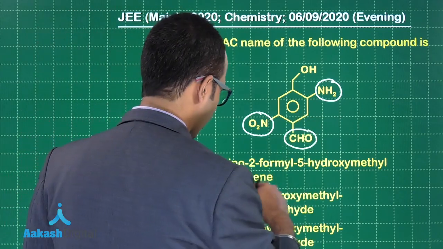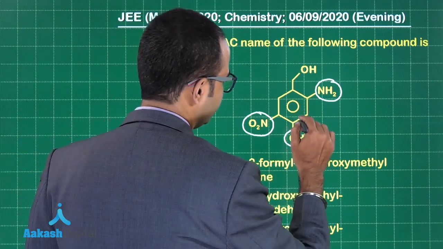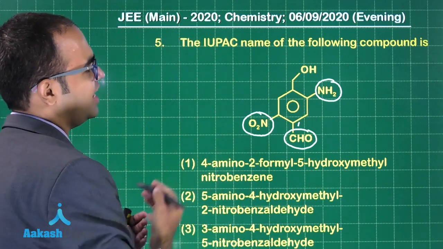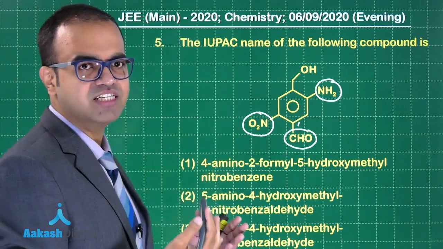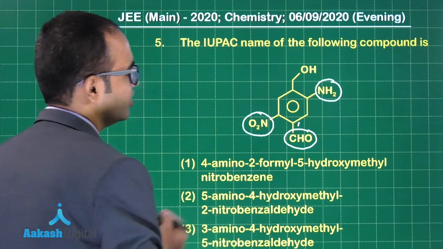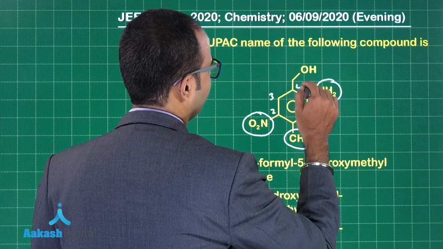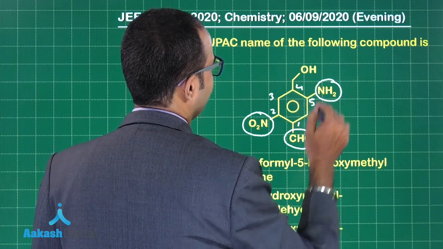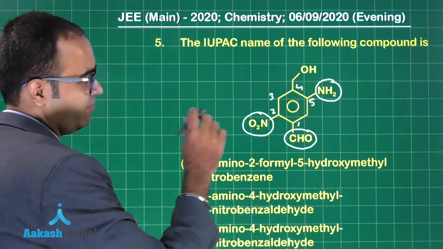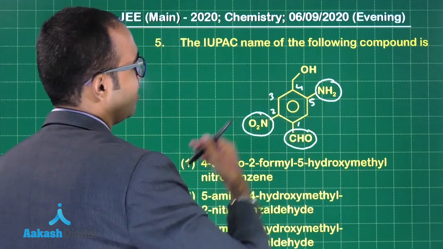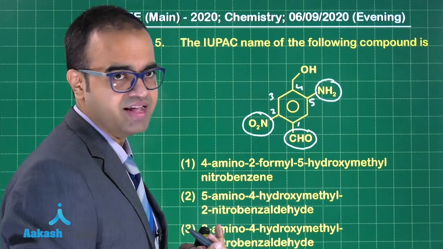The first priority will go to CHO. So this position will be numbered as 1. Okay. And then after that, you'll just go by the lowest positions, right? So 1, 2, 3, 4, and 5. So on the 5th carbon, I have an amino. 2nd carbon, I have NO2. On the 4th carbon, I have a hydroxymethyl, right?